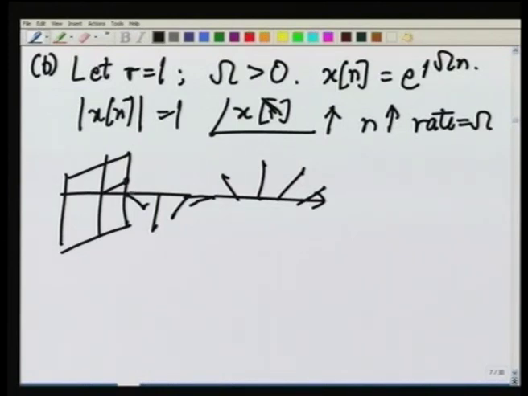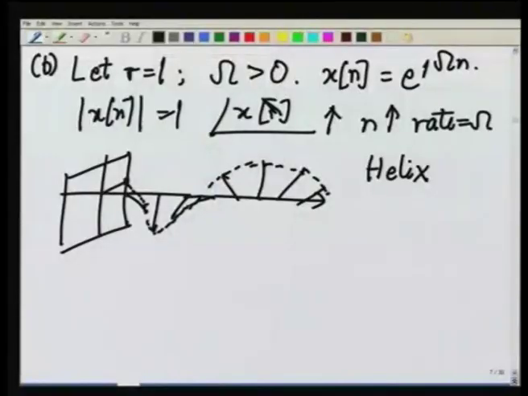Now, if I just connect the various tops of these samples with a dotted line, I would get the same old helix. It is the helix, just as it was with the continuous case for the exponential with imaginary exponent, except now that this is a discrete helix.